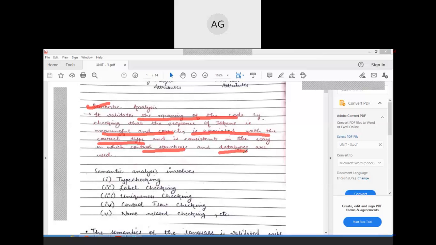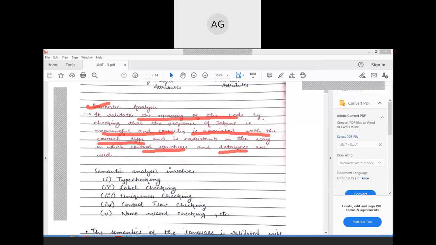It means that if our data type is int, then we are going to calculate only integer values. We cannot have character values if we have a data type of int. In the same way, if our data type is character, then we can evaluate only character values. So semantic analysis deals with it.